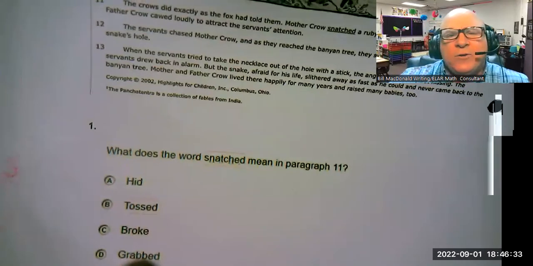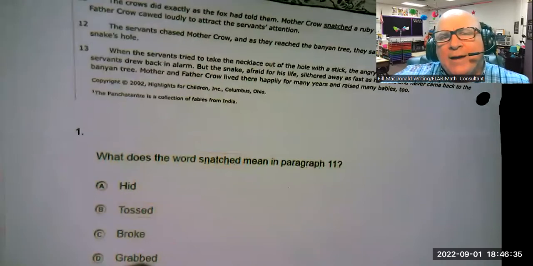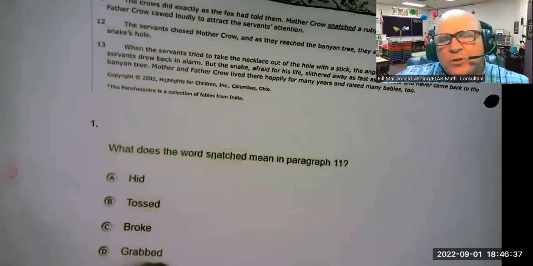Now, I want to tell you that I have Adobe Acrobat Professional, where if you and your district decide, and make sure you write this down so you can remember to talk to your principal or to your grade level or your district coordinator.